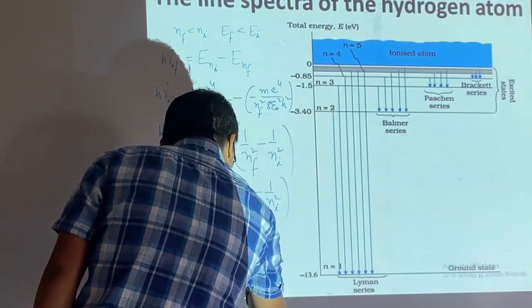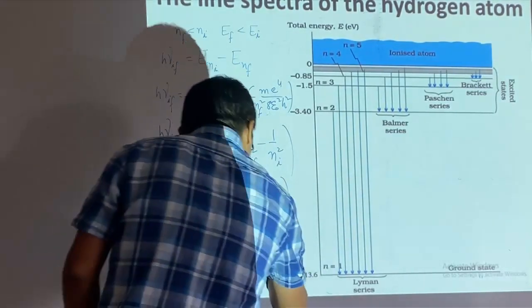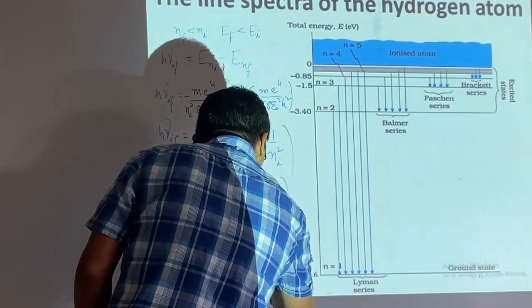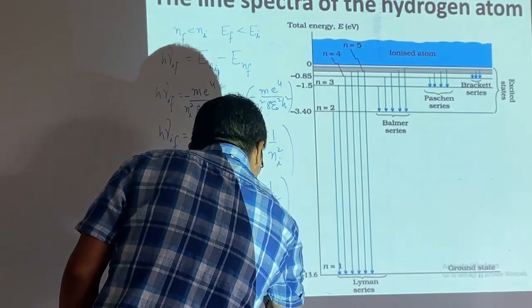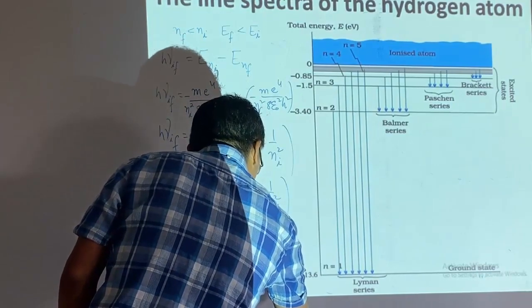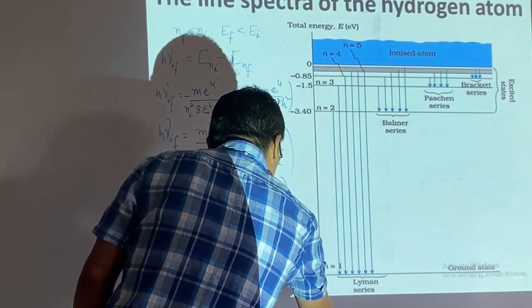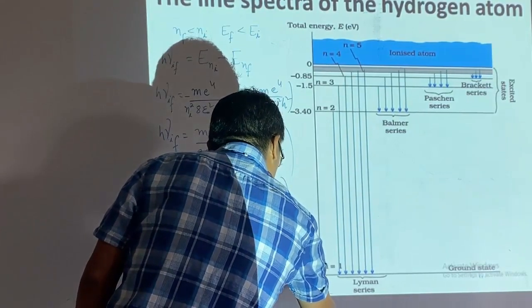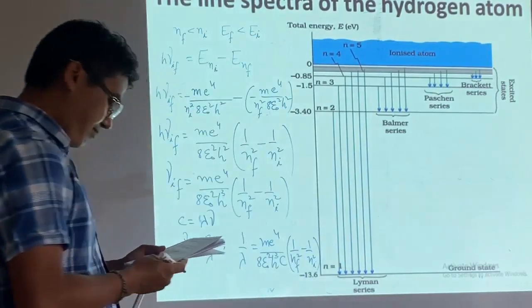Therefore 1 by lambda is going to be m e to the fourth over 8 epsilon naught squared h cubed c, and then 1 by n_f squared minus 1 by n_i squared. So this is the value.